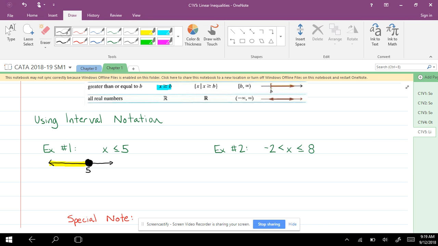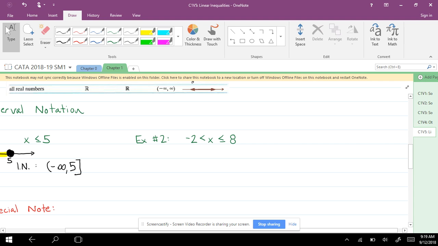So my interval notation, or IN as I'm going to abbreviate, would be, well, it keeps on going left, so that's negative infinity, and it goes all the way up to 5, and 5 is included. So my interval notation would be parentheses negative infinity, comma, 5.